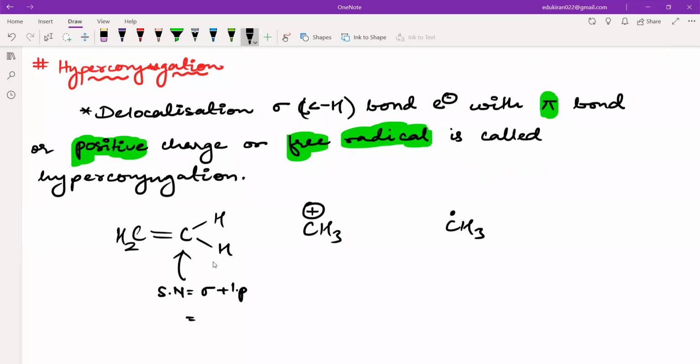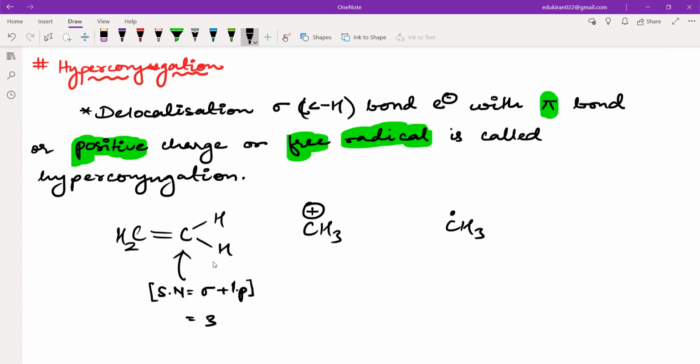What is the steric number on the carbon? How many sigma bonds are there? Three. And how many lone pairs? No lone pairs. So the steric number will be 3, not 4.